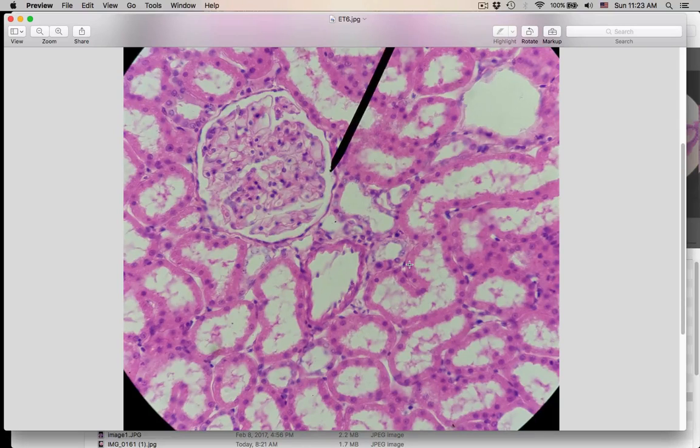Number 14. And if you can, on number 14, tell me the function of this epithelial tissue in this organ. So that was number 14.